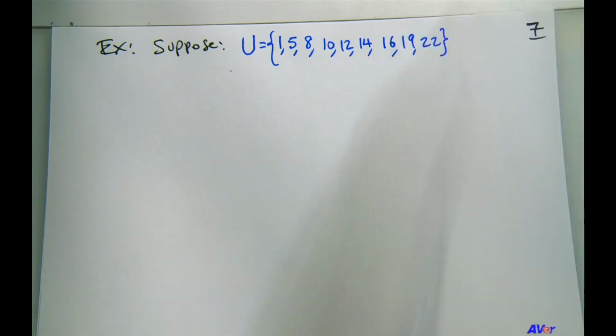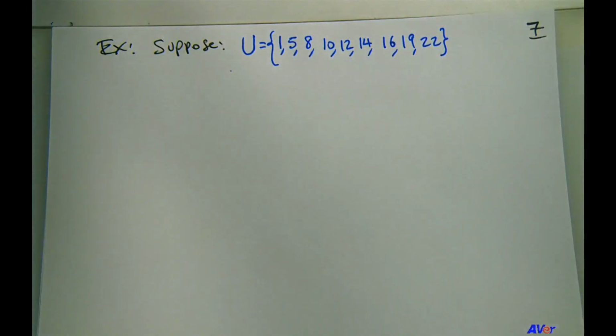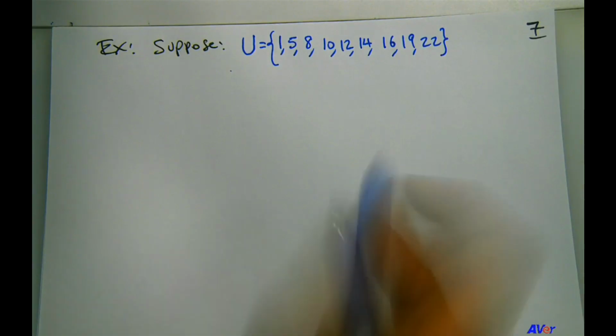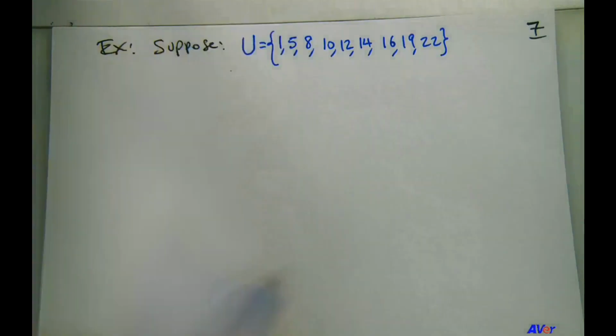So as far as this example is concerned, once you define the sample space, that means in the whole world, there are no other numbers but these, because that's our universal set. We assume there's no other number but these numbers that are listed as part of the universal set.